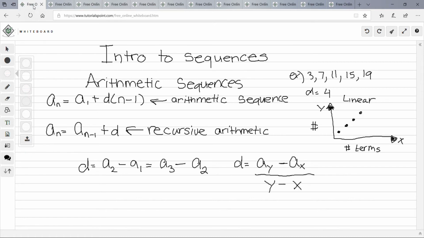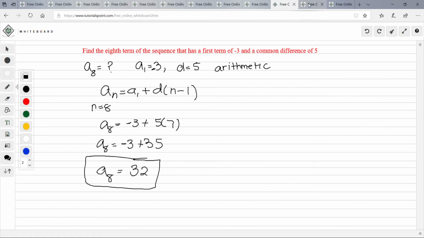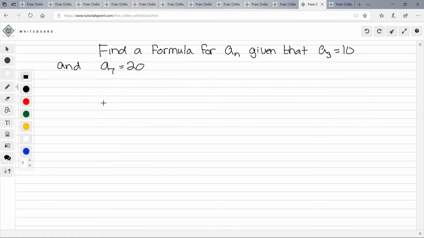But the thing is, I'm not going to use this formula, right? Because I don't know the 2nd term or the 1st term. So I'm going to use this formula: the difference is (AY minus AX) divided by (Y minus X).